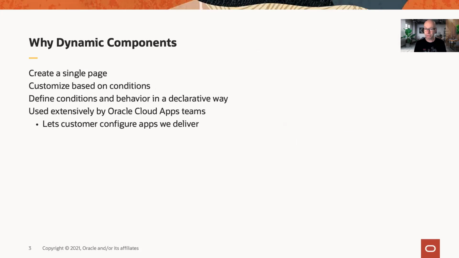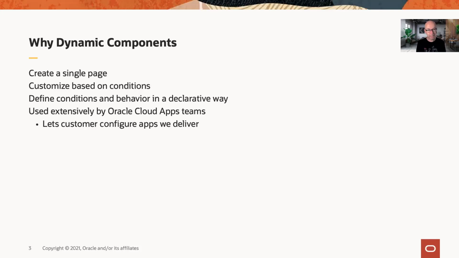Why would you want to use dynamic components? What did we create them for? The idea is that in a lot of cases, when we create user interfaces, we need to dynamically change what we're showing or how we're showing things based on all sorts of conditions. You can do this programmatically, writing code, using maybe a bind if component and things like that, but we were looking for something that would allow us to do it in a more declarative way.